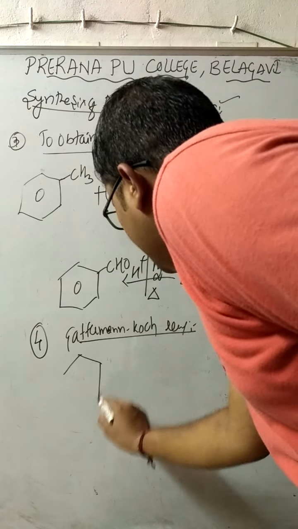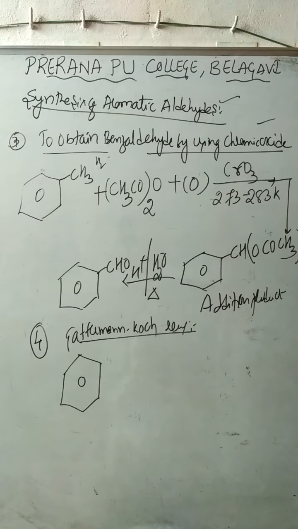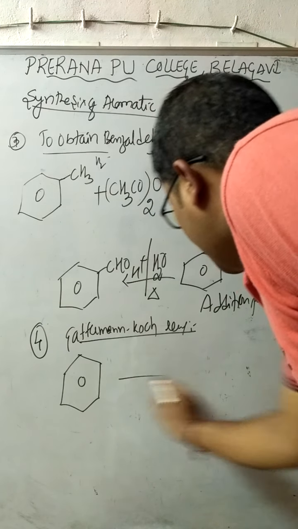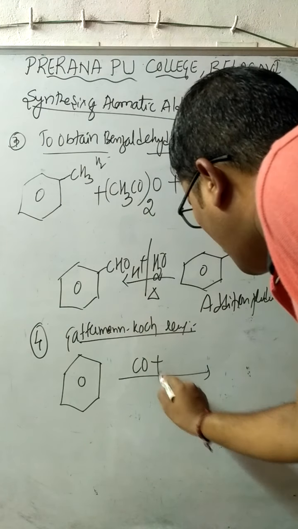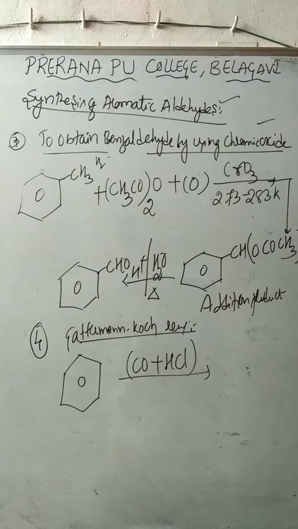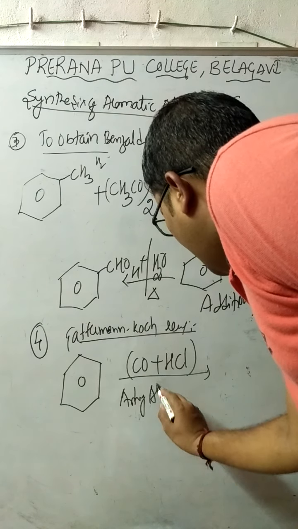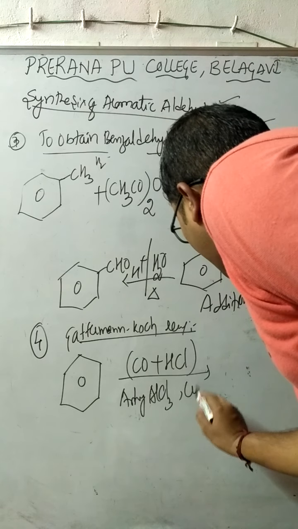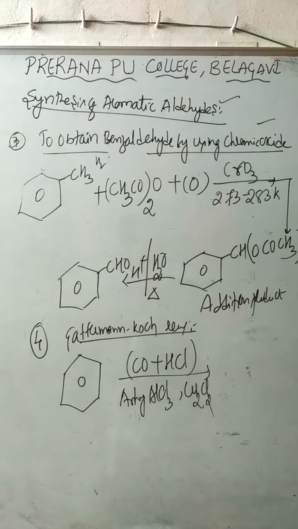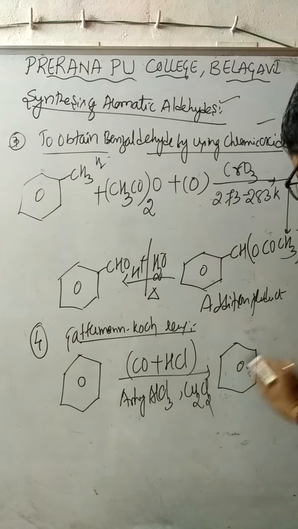So when benzene is dissolved in ether medium, when it is made to react with carbon monoxide and HCl in the presence of anhydrous aluminum chloride, or copper chloride, it gives rise to benzaldehyde as the major product along with the removal of HCl.